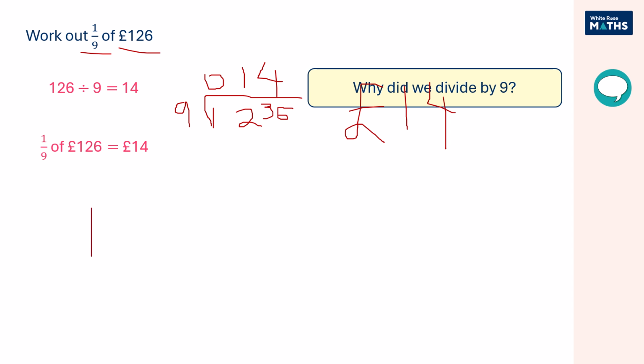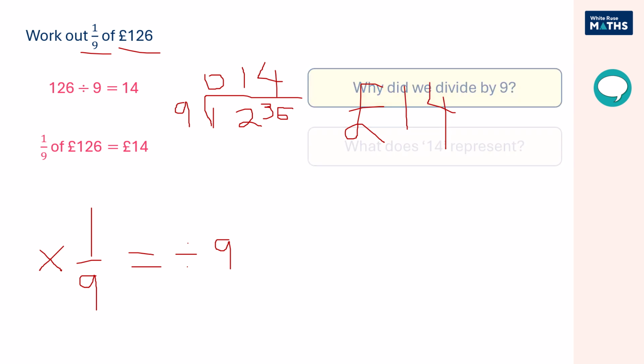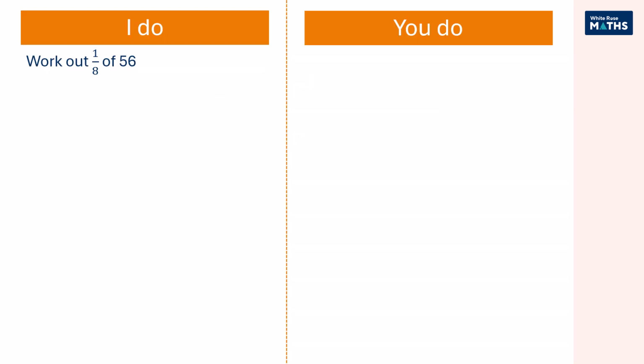Multiplying by a ninth is the same as dividing by 9. Dividing by an integer is the same as multiplying by the reciprocal. So 14 represents 1 part, so 1/9, on the bar model.